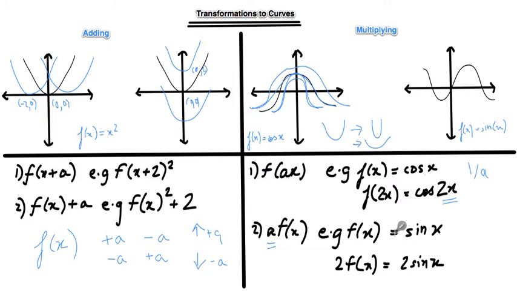With transformations in the form of af(x), it's nothing but a vertical stretch of scale factor a. What this means is that all the y coordinates are multiplied by a, but the x coordinates are left unchanged. It's basically stretched upwards in a vertical direction. So what would this graph look like? This graph would become something like this.